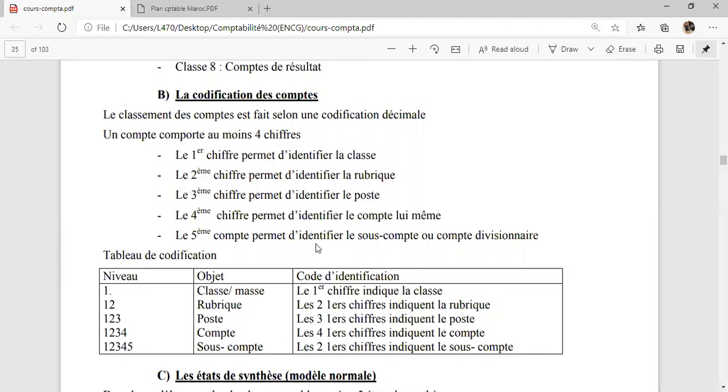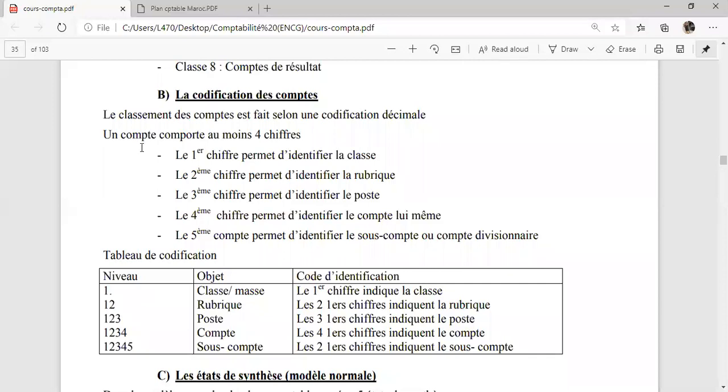It's actually a build-up: first 1, then 11, all the way to 1111. The first figure, going from left to right, is what we call the class or the mass.